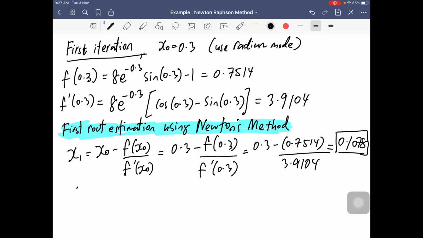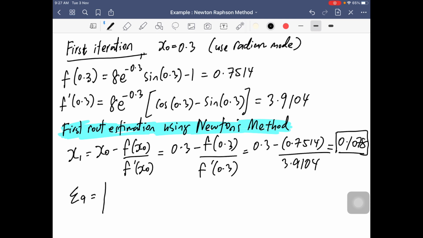Okay, this is the important part. In bracketing methods, at the first iteration, we cannot calculate the approximate percent error. But in open methods, we can already calculate our approximate percent error at the first iteration. Why? Because we already have the previous value, which comes from your x0.